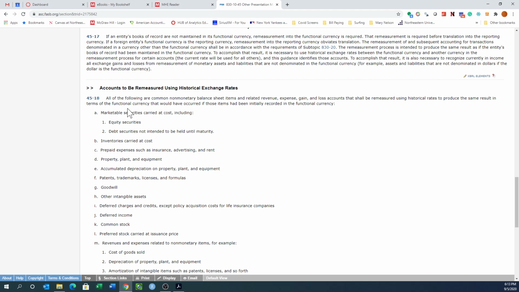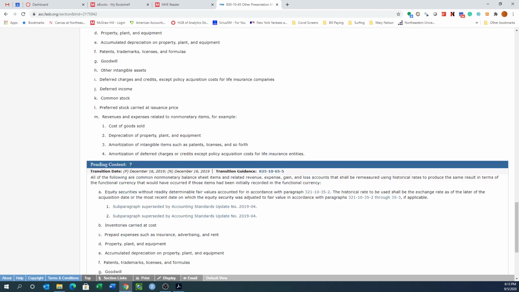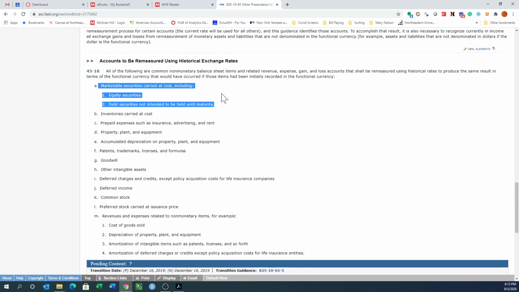Now, I can tell you right away, this is not right. I can tell you that because if I go down and take a look at 45-18 and look at the transitional guidance, you will see that 45-18 has this transitional guidance, because the literature has changed on equity securities as well as available for sale securities. Both of those items are now handled differently.